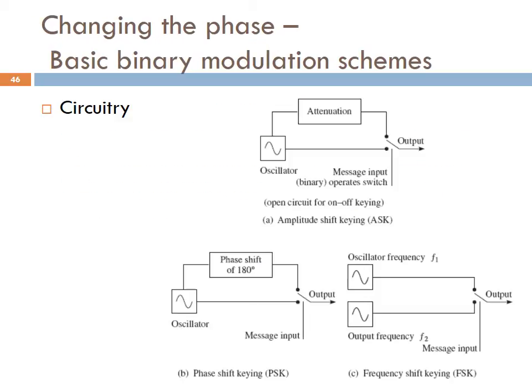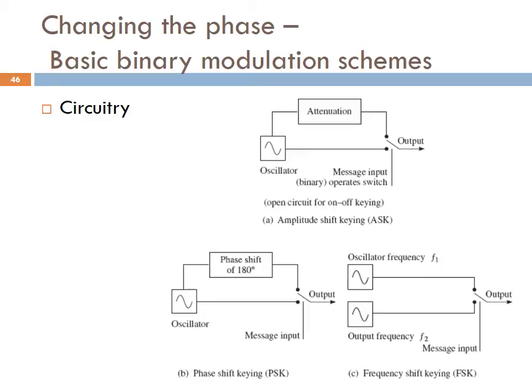If we want to represent the circuitry of these three basic modulation methods, in ASK we have an oscillator and an attenuator, and the message will be switched between the two different inputs. Every symbol duration tau, it switches between them to take the symbol which could have full amplitude or attenuated amplitude according to the binary input, 0 or 1.